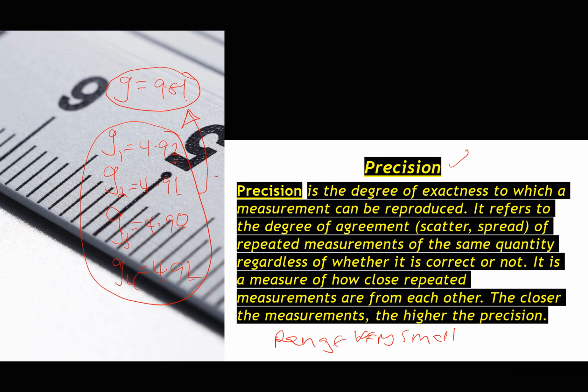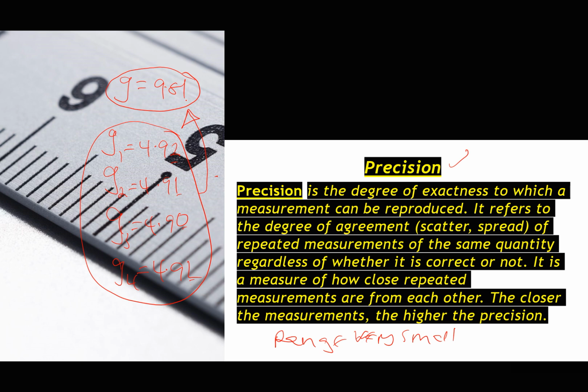So the precision of an instrument is sometimes determined by the smallest division on the measurement scale of that instrument. But before we go to that, I want people to be able to draw the difference between accuracy and precision.